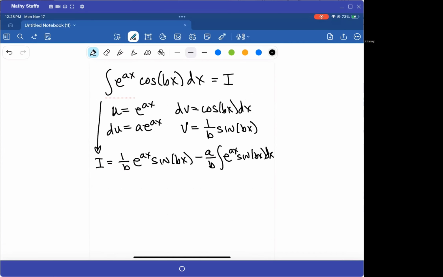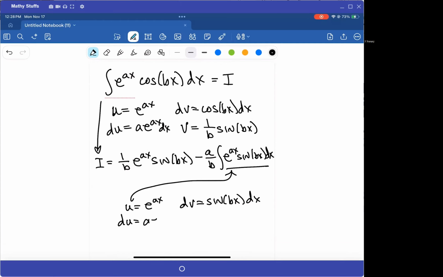Looks very much like our original integral, but not quite because there's a sine there, not a cosine. But what we're going to do is parts again on this new integral. So on this one over here, I'm going to follow suit and let u be the e part, let dv be the sine bx part, and then du is going to equal a e to the ax dx, and v is equal to negative 1 over b cos bx.